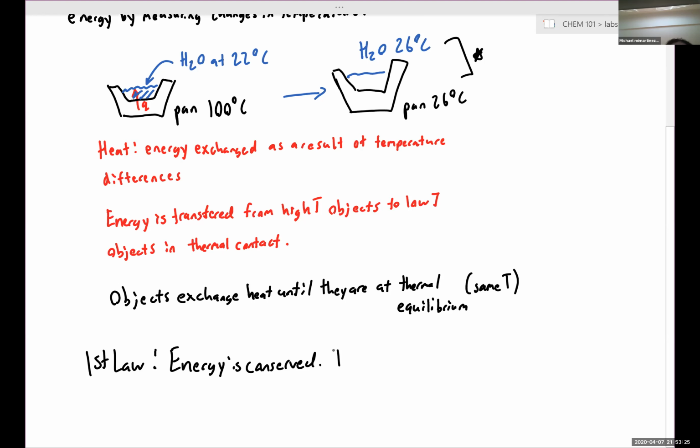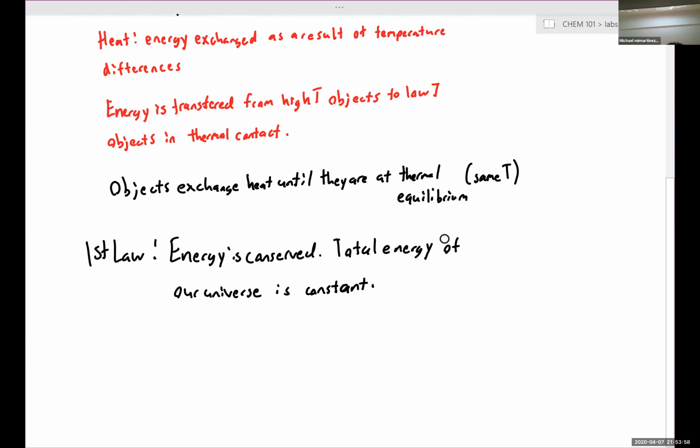What this essentially means is the total energy of a closed, isolated system, or let me phrase this another way, it's essentially saying the total energy of our universe is constant. Don't worry, we're going to tie this back to our example of the pan in a moment.